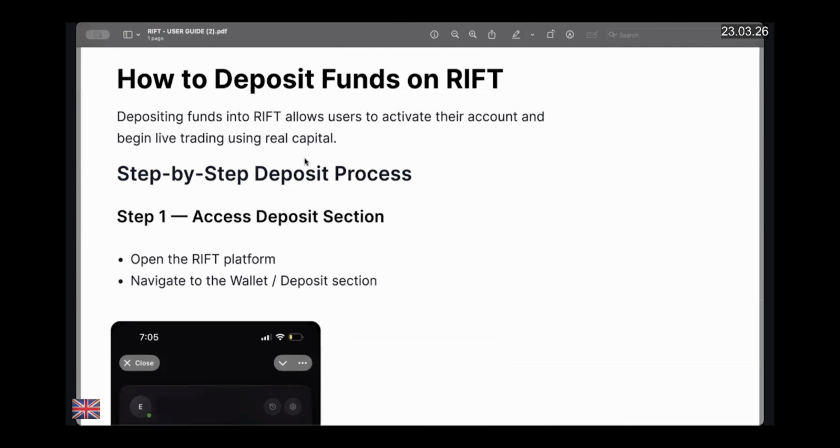Today we will see how to deposit funds on Rift, because from tomorrow we will start the early user experience testing on Rift. First, tell me how many people want to test real trading with us from tomorrow morning. We are ready to whitelist a bunch of users to test the platform at a very deep level.